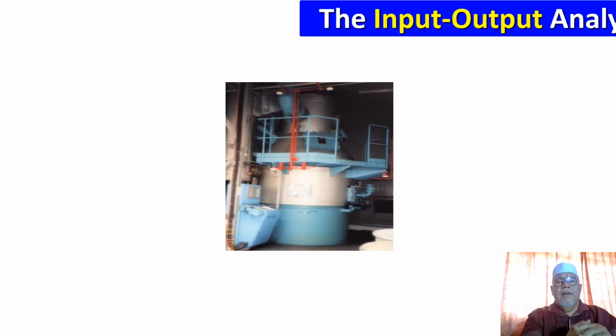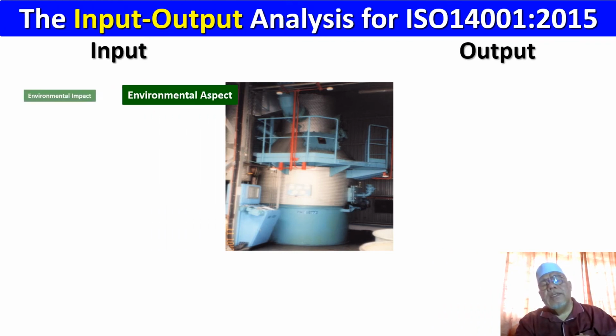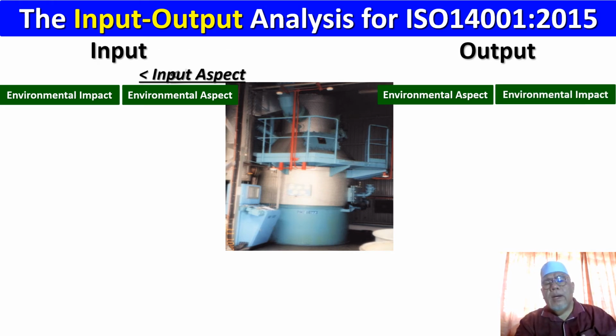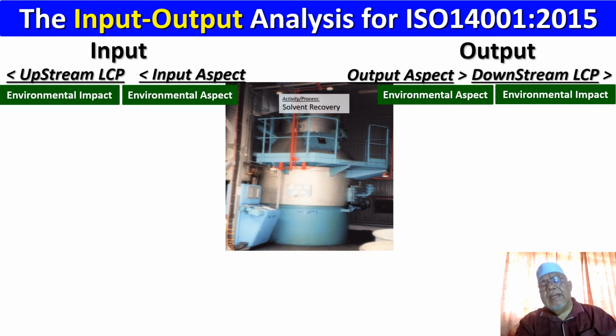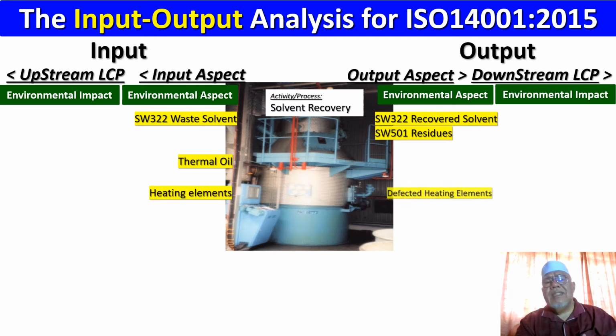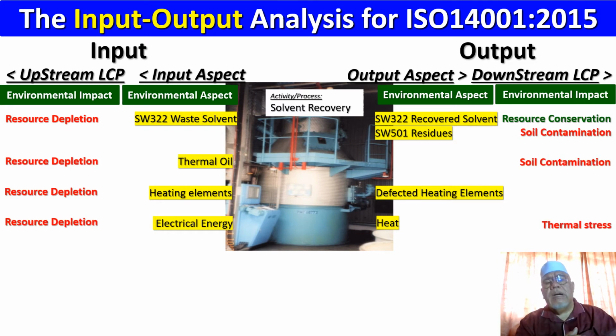I have picked one example, which is a solvent recovery. Why do I pick this? Because I support recycling. Deep in me, I still believe that waste doesn't exist, and for that reason, this is just an early stage of resource recovery.